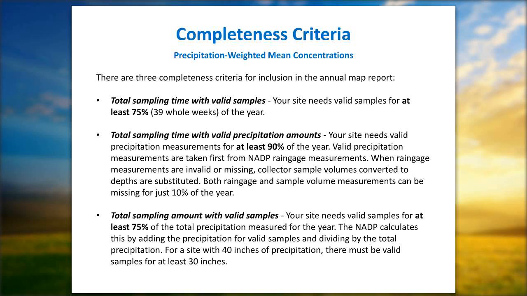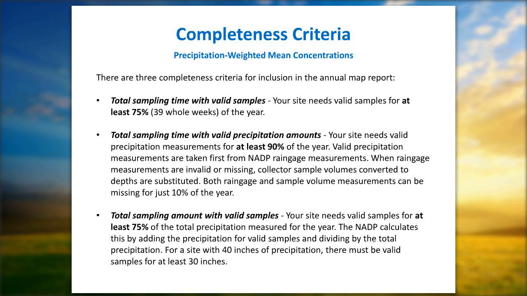Number 2 is we need to represent the total amount of precipitation that fell at the site. And for that, we have a slightly more stringent criteria. We require at least 90% of the year to have valid precip measurements. Now, you could have rain gauge issues.